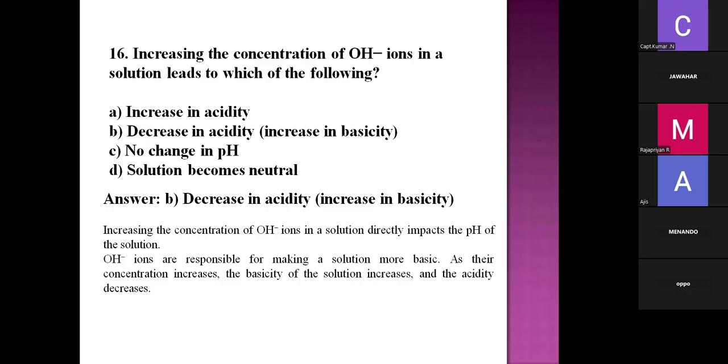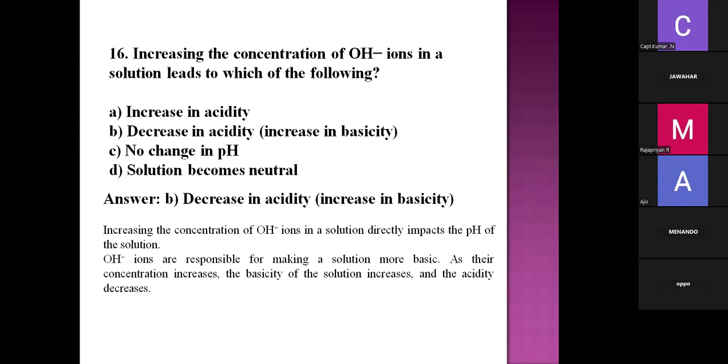The pH scale measures the acidity or alkalinity of the solution, ranging from 0, acidic, to 14, basic. A higher concentration of OH minus ions shifts the pH towards the basic side of the scale, greater than 7.